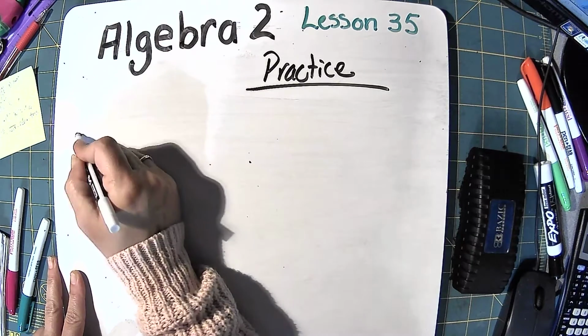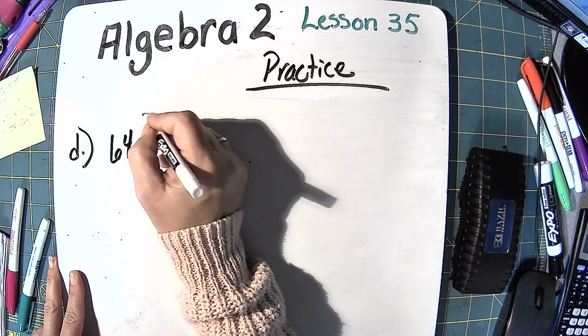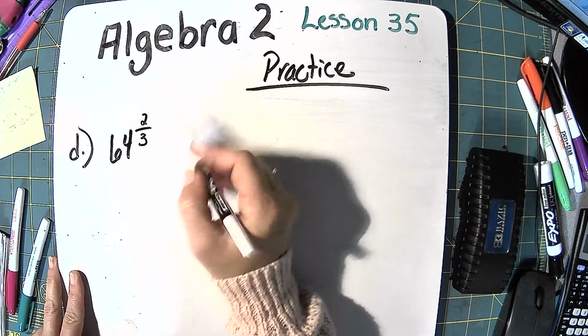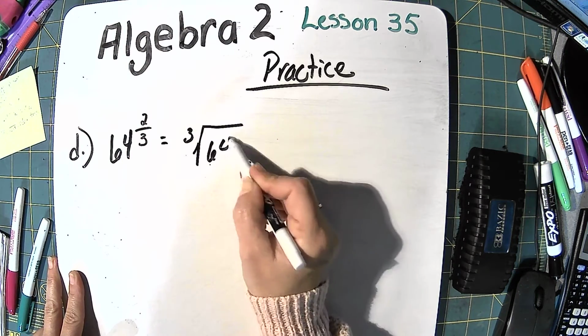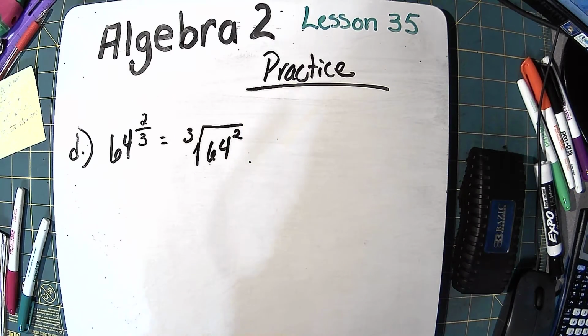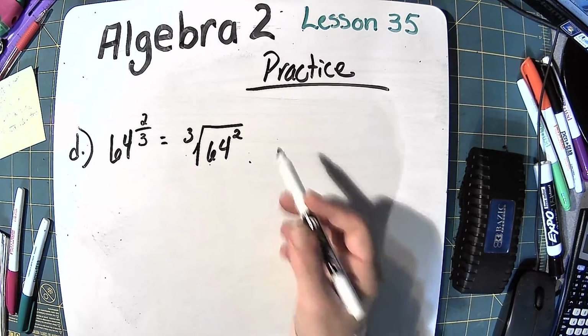All right, D is 64 to the 2 thirds. So that really means the third root of 64 squared. I'm not going to square 64 first and then try to find the third root. What I'm going to do is find the third root of 64 first.